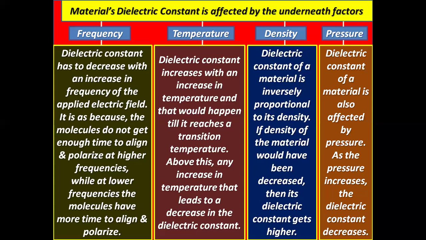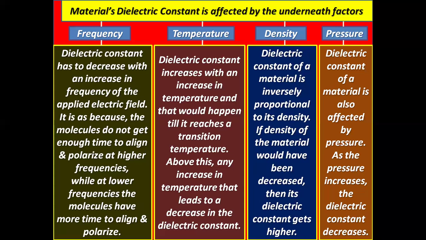Most important, temperature. The dielectric constant increases with an increase in temperature until it reaches a transition temperature. Above this, any increase in temperature leads to a decrease in the dielectric constant.